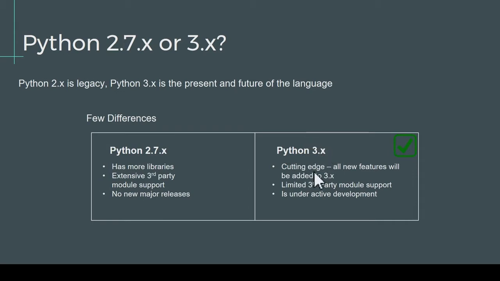It's cutting edge. All new features have been added to Python 3 onwards. It's got limited third-party module support. So compared to Python 2.7, not all packages have transitioned to 3.x, but they are under transition. And it is under active development. So all new features and extensive rollouts are happening under Python 3.x.